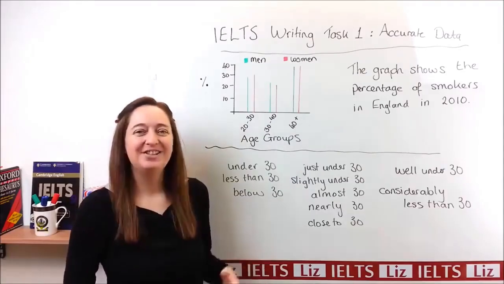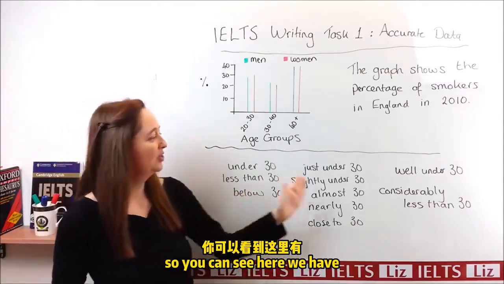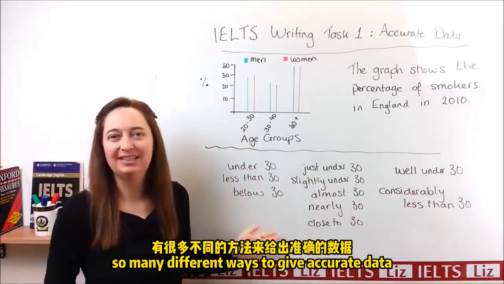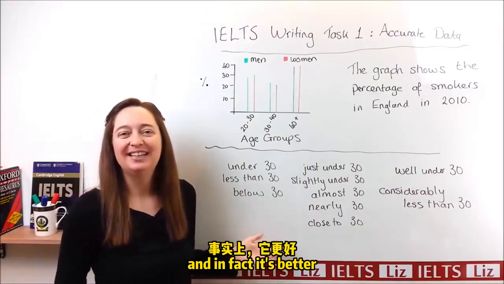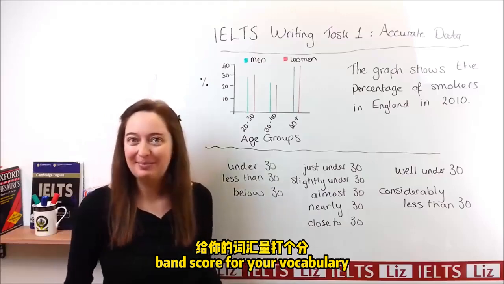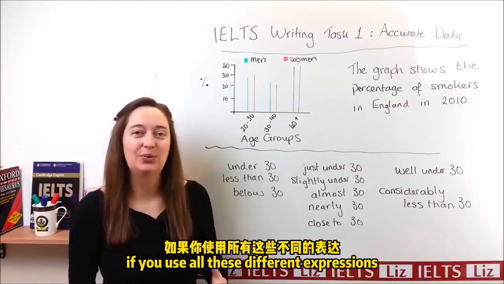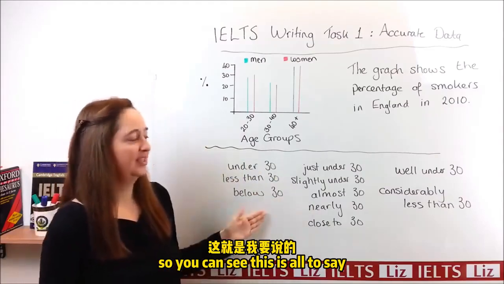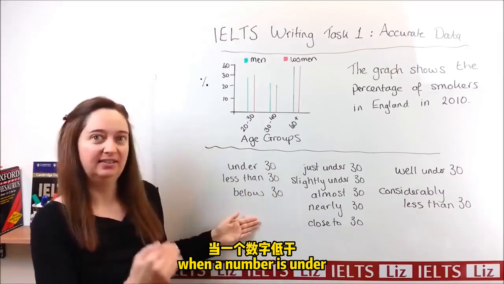Let's have a look. So you can see here we have so many different ways to give accurate data. And in fact, it's better because you will get a higher band score for your vocabulary if you use all these different expressions. So you can see this is all to say when a number is under.